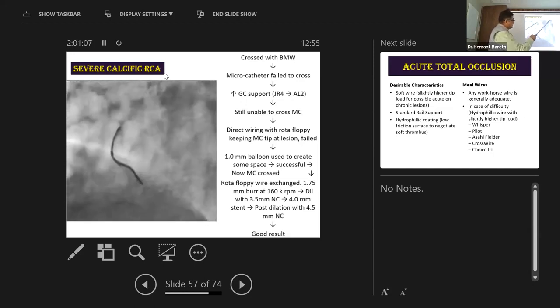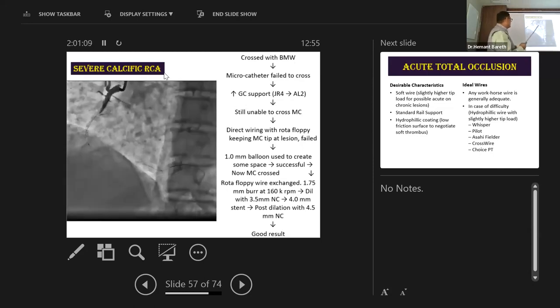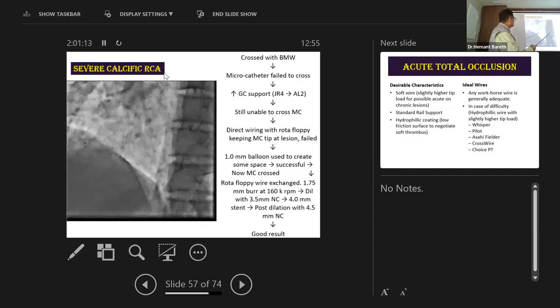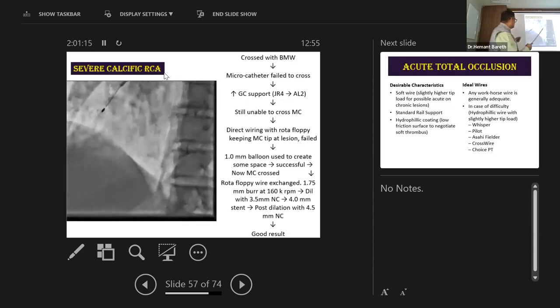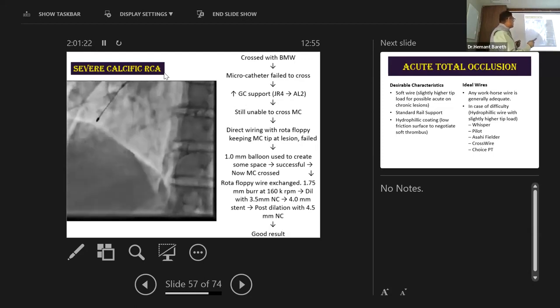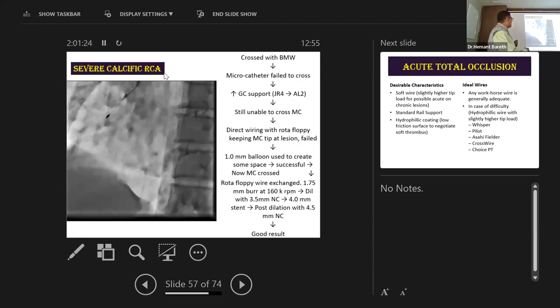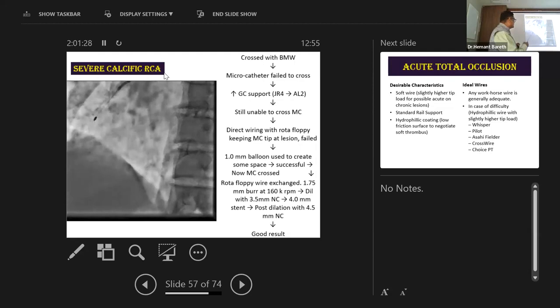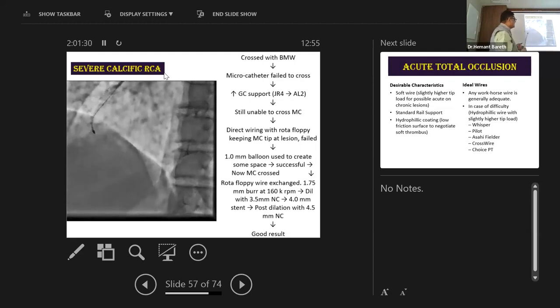Improved the guide support, shifted from JR4 to AL2, still unable to cross. And what was done was that slightly, a balloon was used to open the tip, and through that the rota wire was passed. And through that direct wiring with the rota wire, it could cross, and the rota is done.